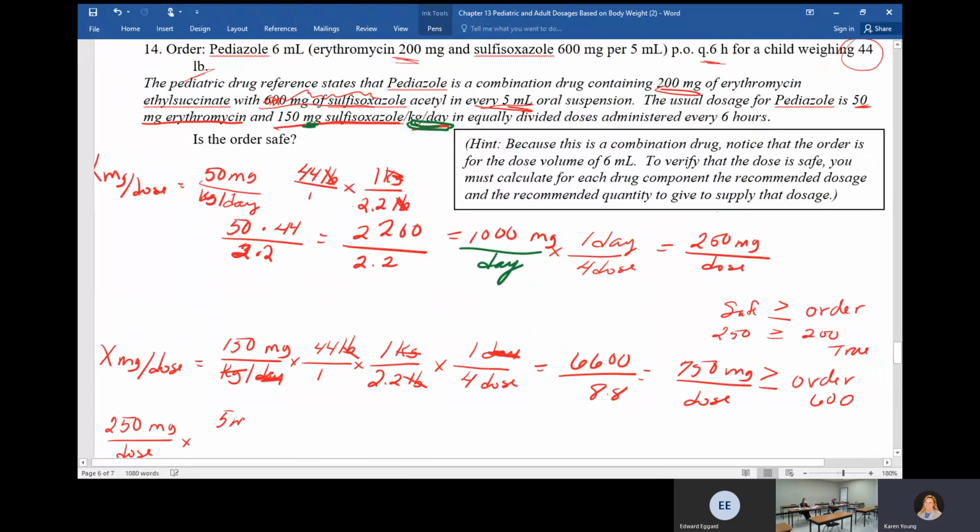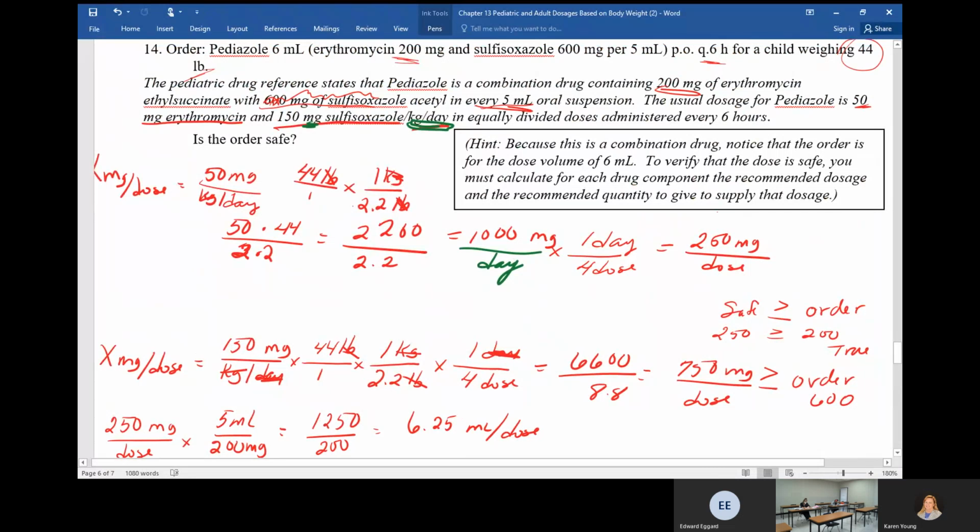So the 5 milliliters divided by the 200 milligrams. 250 times 5 is 1250 divided by 200. And that's 6.25 milliliters per dose.